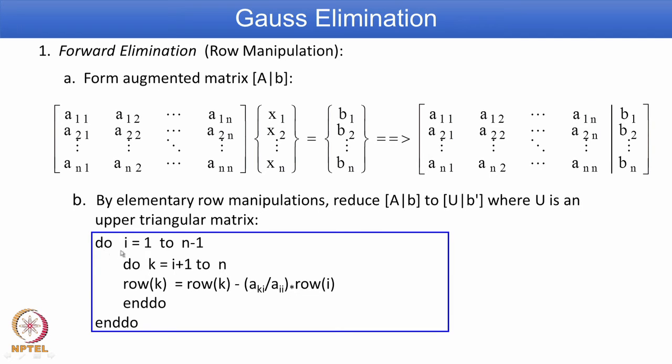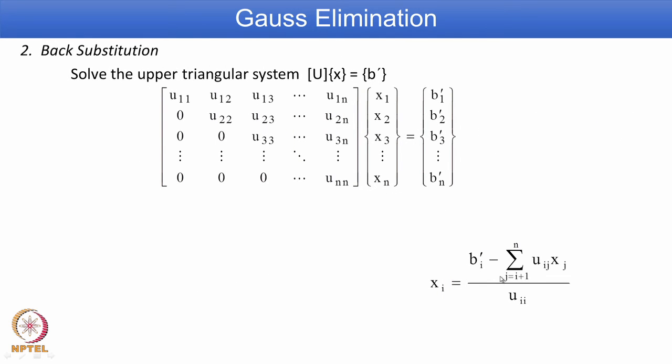So, do i equal to 1 to n minus 1, and k equal to i plus 1 to n, row k is equal to row k minus a multiple of row i. This is the pivoting operation, and you end the do loops. Now we do the backward substitution, because everything has become an upper triangular matrix, and you can immediately recognize that in the last row of matrix U, Unn is the only element, and all other elements are 0.